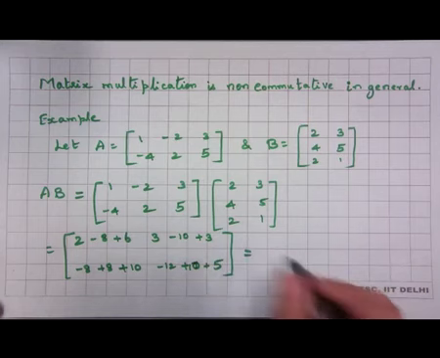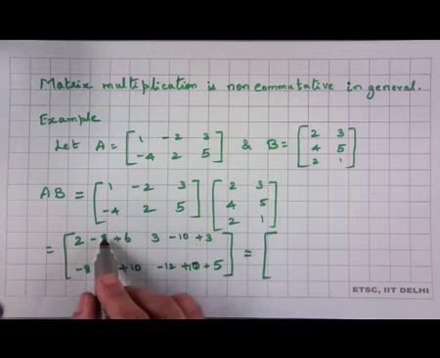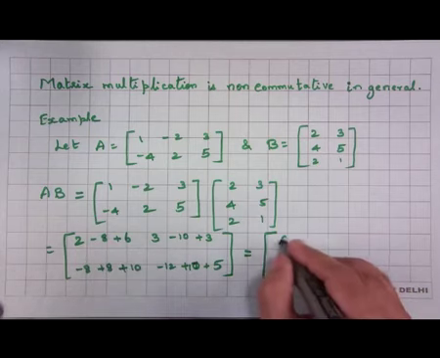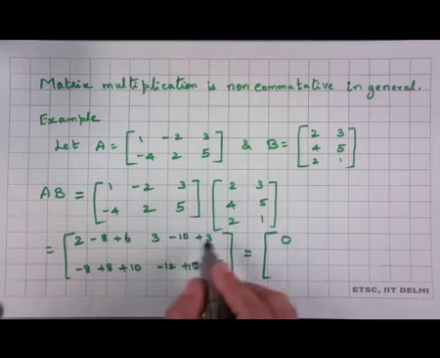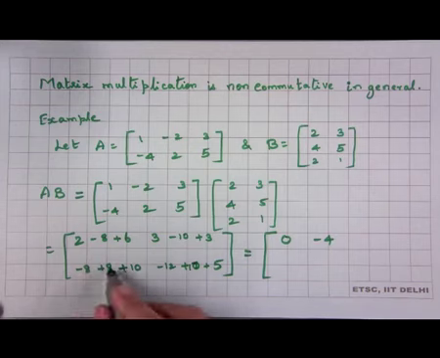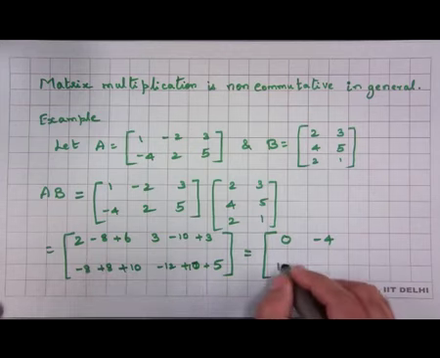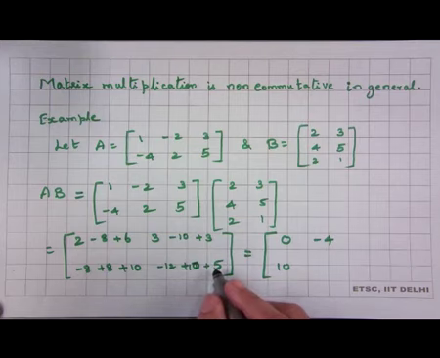The resulting matrix is 2 minus 8 plus 6, which is 0, 3 minus 10 plus 3, which is minus 4, 8 minus 8 plus 10, which is 10, minus 12 plus 10, which is minus 2, plus 5, which is 3.